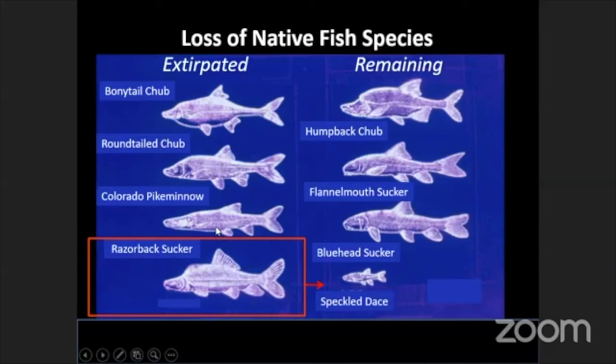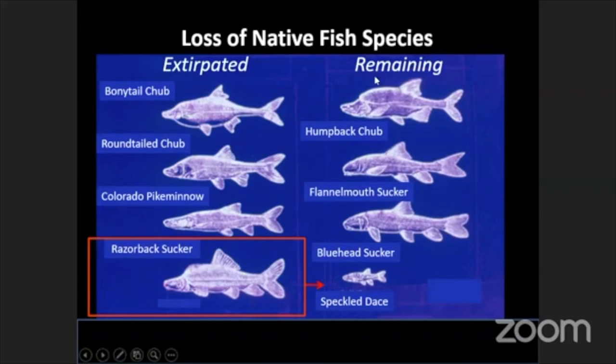We also lost the Colorado pikeminnow, very abruptly. This is a predaceous minnow that grew to almost 6 feet in length and up to about 60 pounds. So it was the top predator in the Colorado River system. It disappeared within 13 years of the dam, and we don't really understand why. It still exists in the upper Colorado River basin, and there has been recent discussion about how to bring it back into the ecosystem.